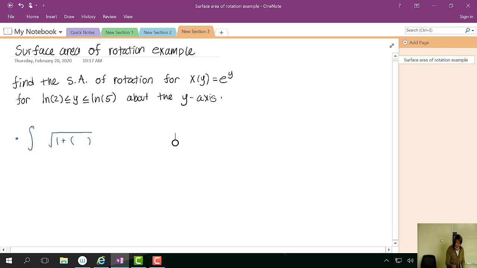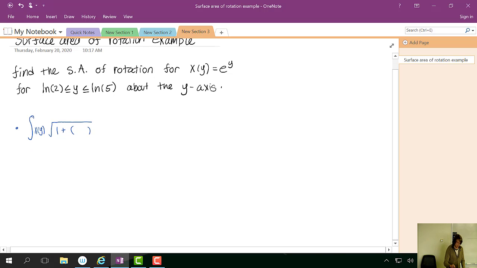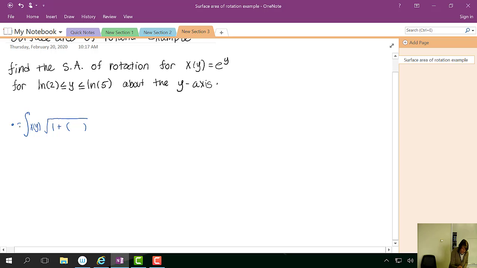So in this case, I put x as a function of y on the outside. Oh, 2 pi, of course, sorry. I put 2 pi in the previous one. Cool.